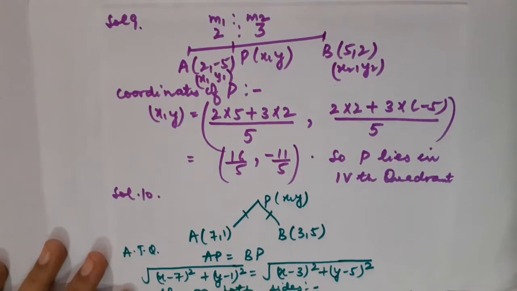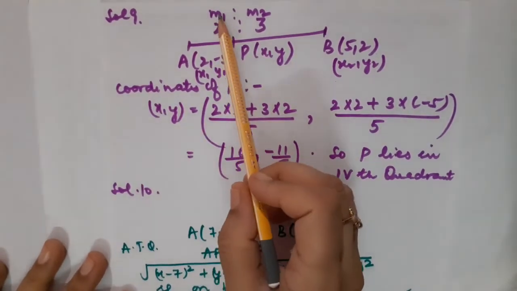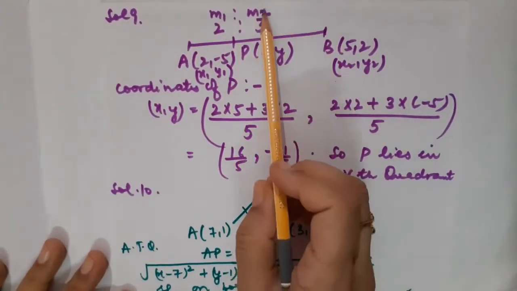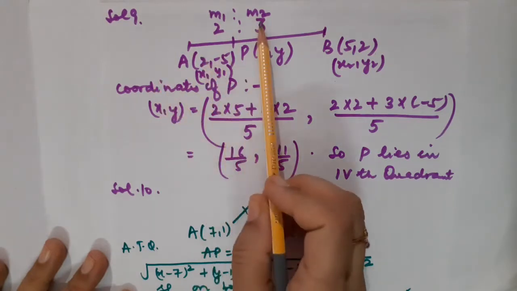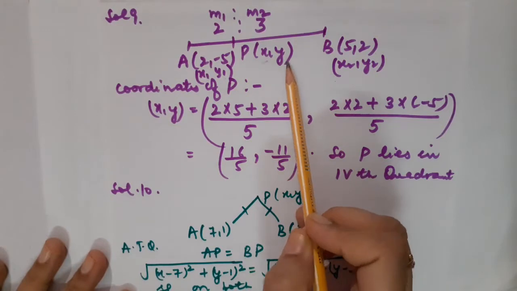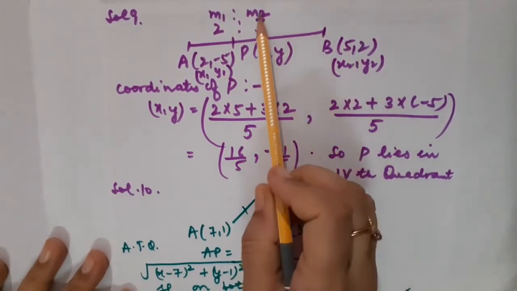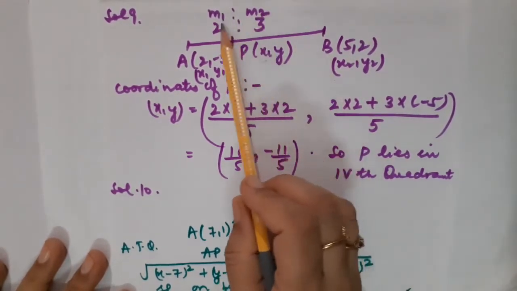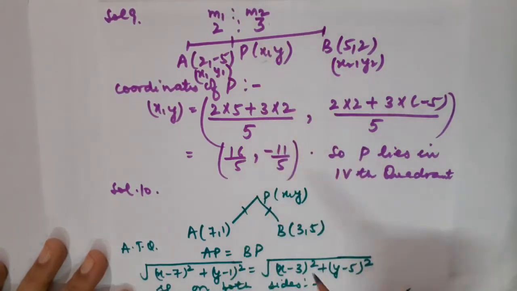So children, I have applied section formula, which is m1 into x2 plus m2 into x1 upon m1 plus m2, that will be equal to x, and y is equal to m1 into y2 plus m2 into y1 upon m1 plus m2. Fine children.